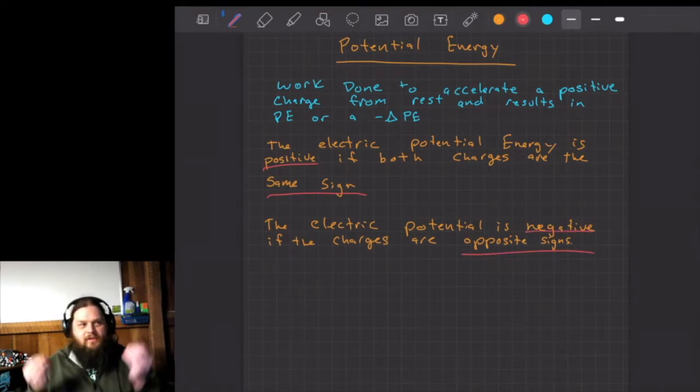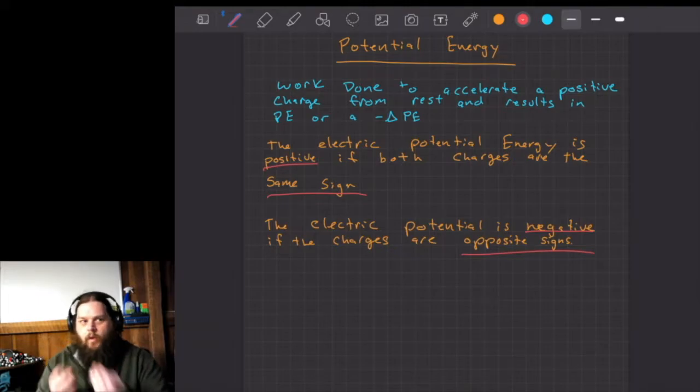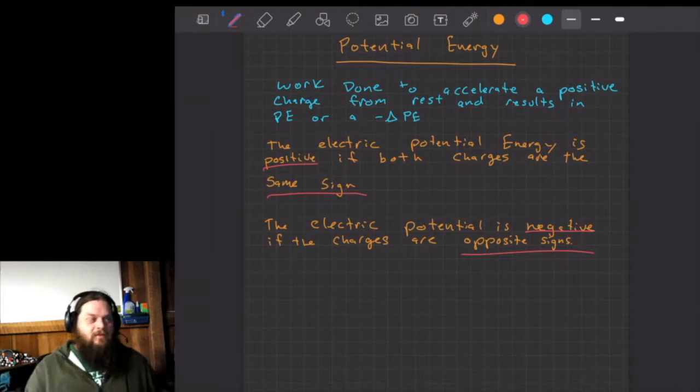That makes sense as well, because if they have two different signs, the Coulomb force is going to be an attractive force. So they're going to get closer together. The distance isn't going to approach infinity ever. It's going to get closer and closer until eventually there is zero distance between them. So the work done is positive work, which gives us a negative change in potential energy.